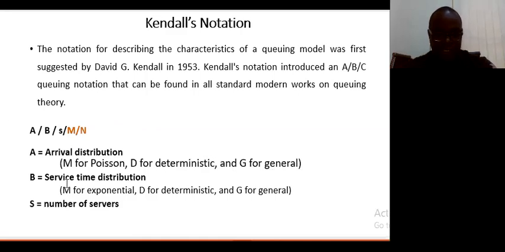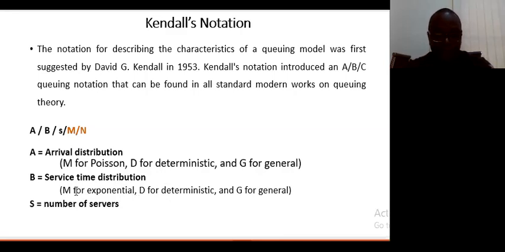Then the service time distribution is usually exponential, but it could be deterministic and it could be a general distribution. The S denotes the number of servers.